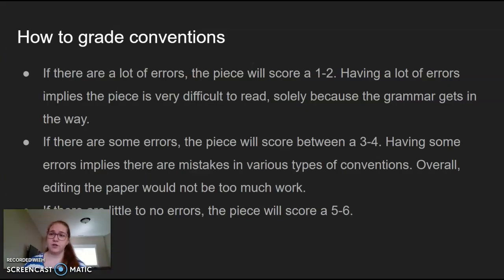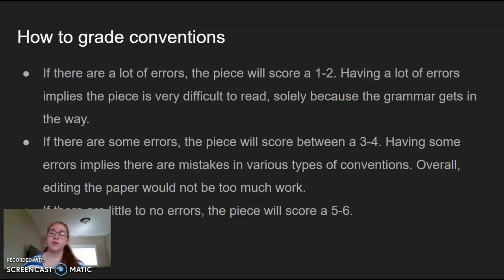So when you're grading conventions, if there's a ton of errors, the piece is only going to get a 1 or a 2. A 1 or a 2 is going to look like the writing being really hard to understand just because there are so many grammatical errors. And then if a piece gets a 3 or a 4, that means there's going to be some errors.